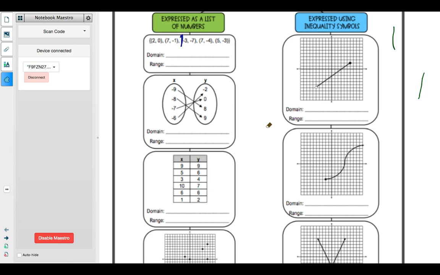Okay, so if you notice, this first graph has an open circle right here, and then it has a closed circle there.